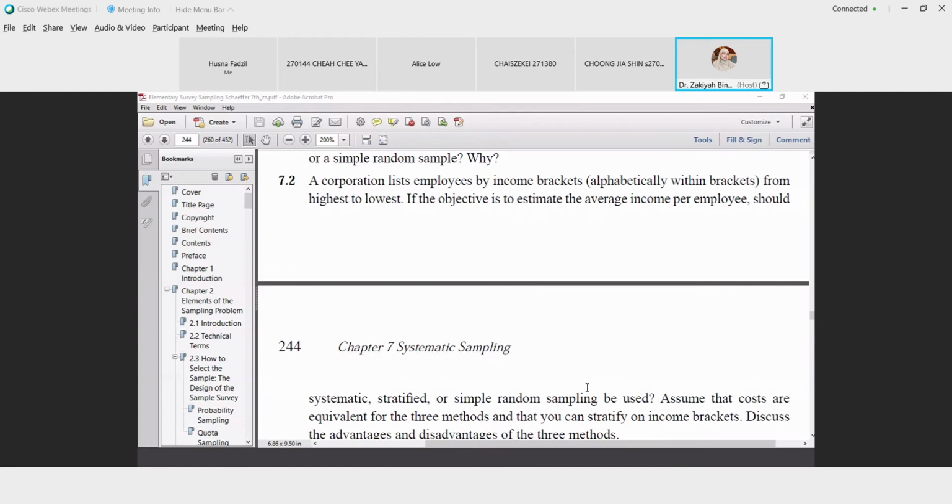Because we're supposed to discuss the advantages and disadvantages, right? The pros and cons. So what is it? Others can chip in. Any team can chip in as well. Maybe your team did not answer systematic. Are you saying that systematic is better than SRS? We need to compare a bit.